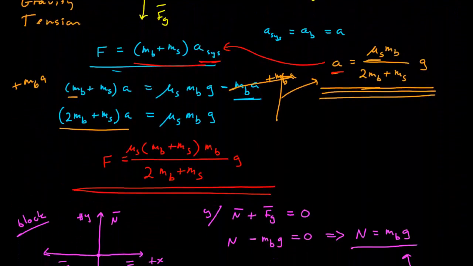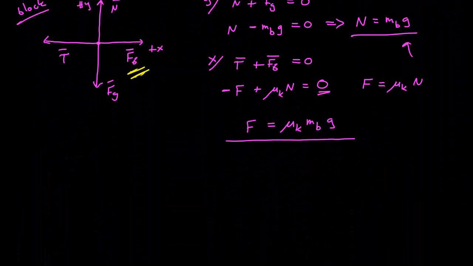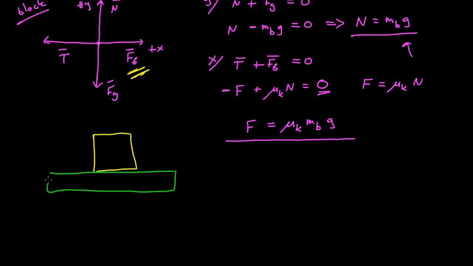So even though the block is at rest, the sled is moving to the right, which means from the sled's perspective, which is the agent, the block is moving to the left relative to the sled, which means the frictional force is to the right.